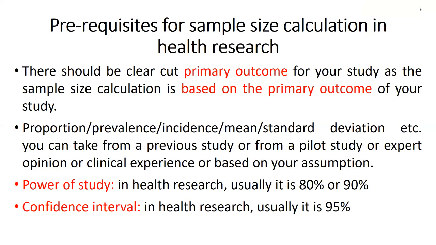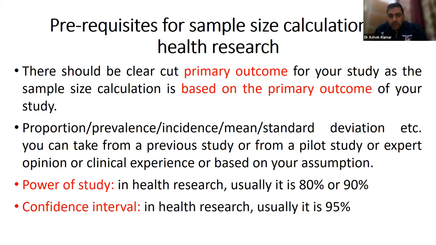Is it a quantitative type of primary outcome, or a qualitative or categorical type? In quantitative, as I discussed yesterday, examples are systolic BP, HB level, and scores like health related quality of life, or depression in scores, mean depression.